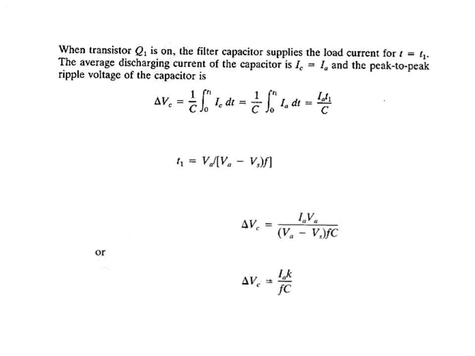Thus, a buck-boost converter provides output voltage polarity reversal without a transformer. It has high efficiency.